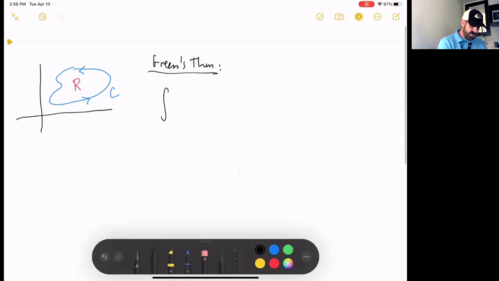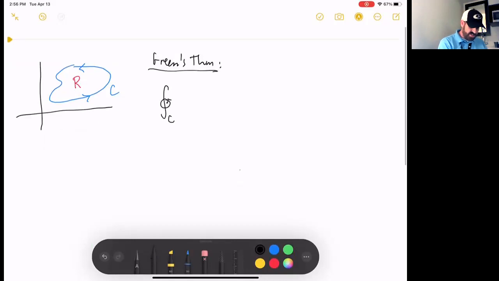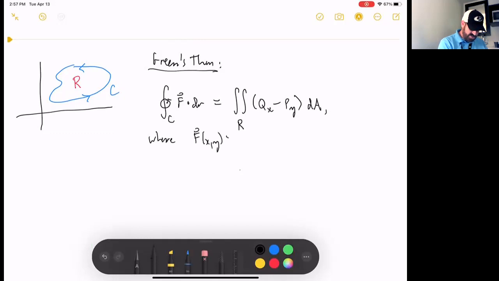It was the integral around the curve with positive orientation, F dotted with dr is equal to the double integral over the region bounded by C, Q sub x minus P sub y dA, where F of x, y is a two-dimensional vector field, and the coordinate functions were P of x, y and Q of x, y.